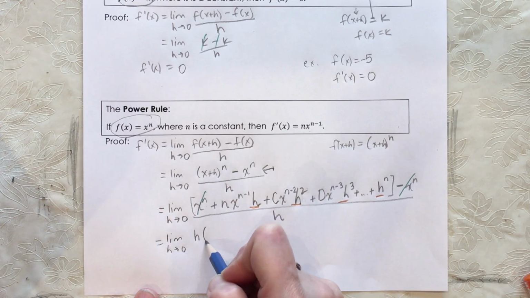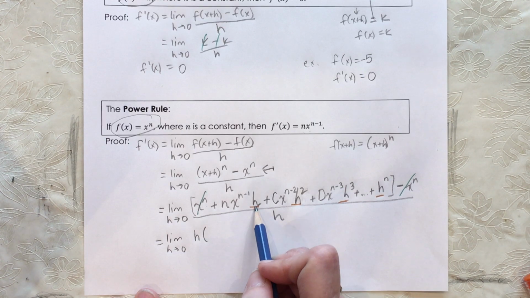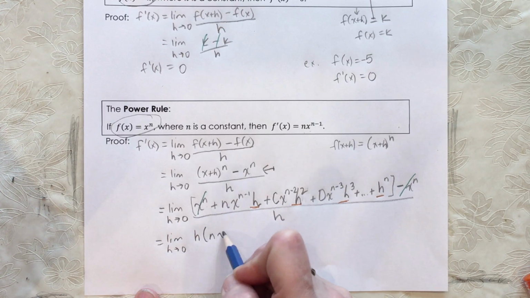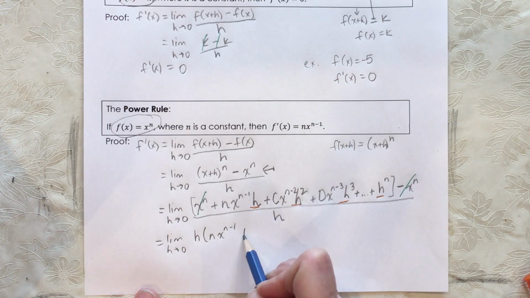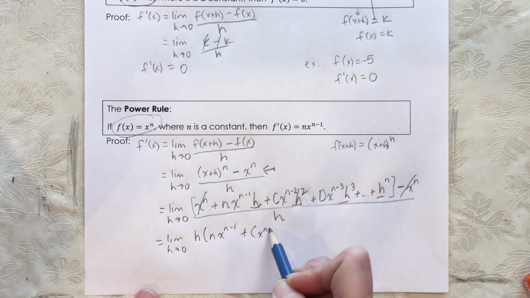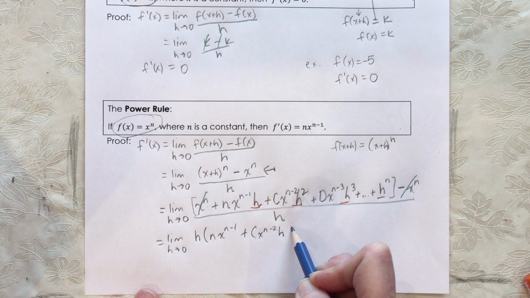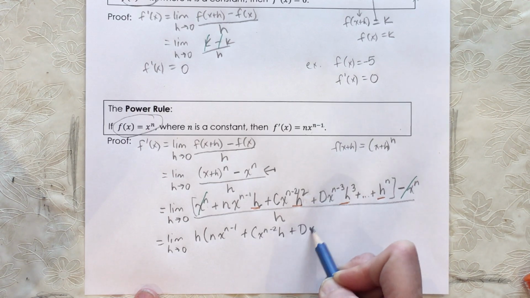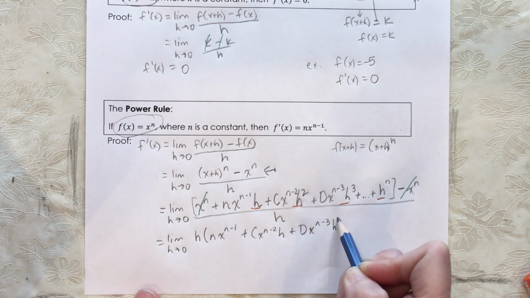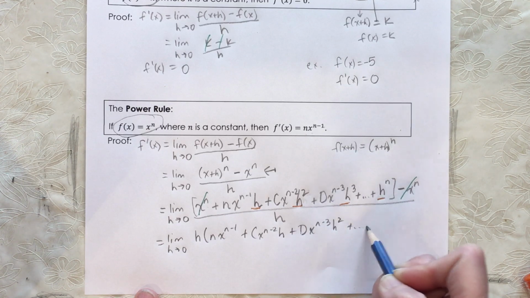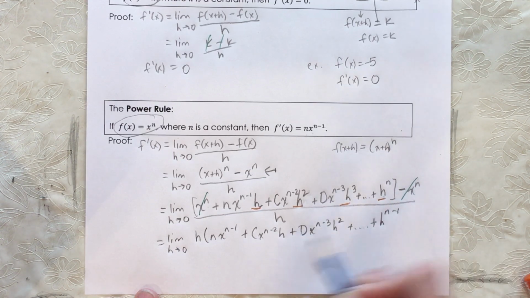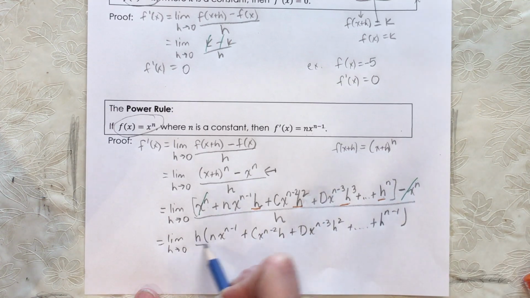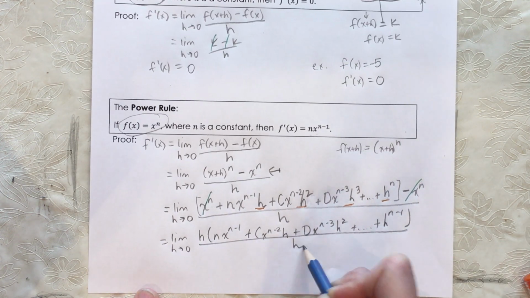So h times, if we common factor out h here, we're just left with nx to the n minus 1. Common factor out an h from the second term, we'd have cx to the n minus 2, h plus dx to the n minus 3, h squared, plus dot dot dot, plus h to the n minus 1, all over h.